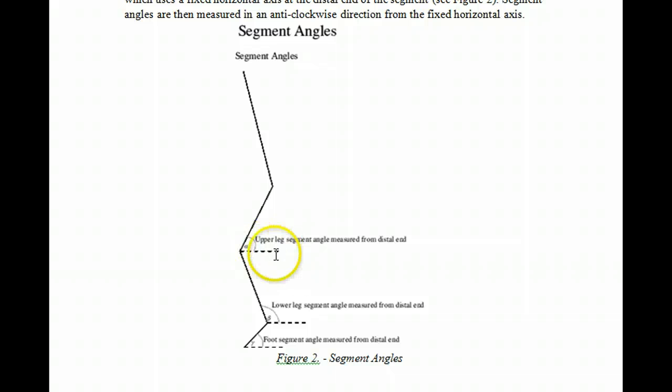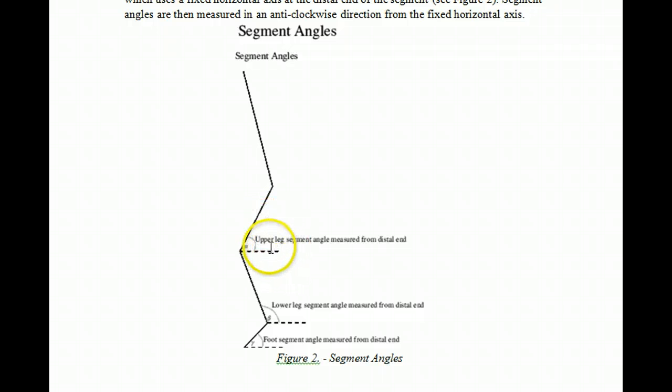Now this fixed reference could be positioned at either the proximal end, so for the upper leg the proximal end would be this end I'm indicating on the screen, or the distal end. For the purposes of this movie we're going to just think about the distal end, i.e. the end of the segment furthest away from the centre of the body.